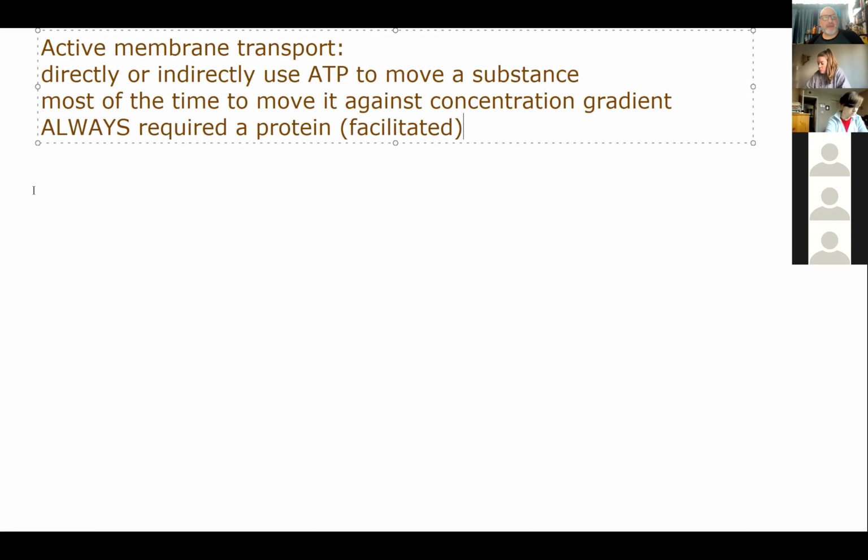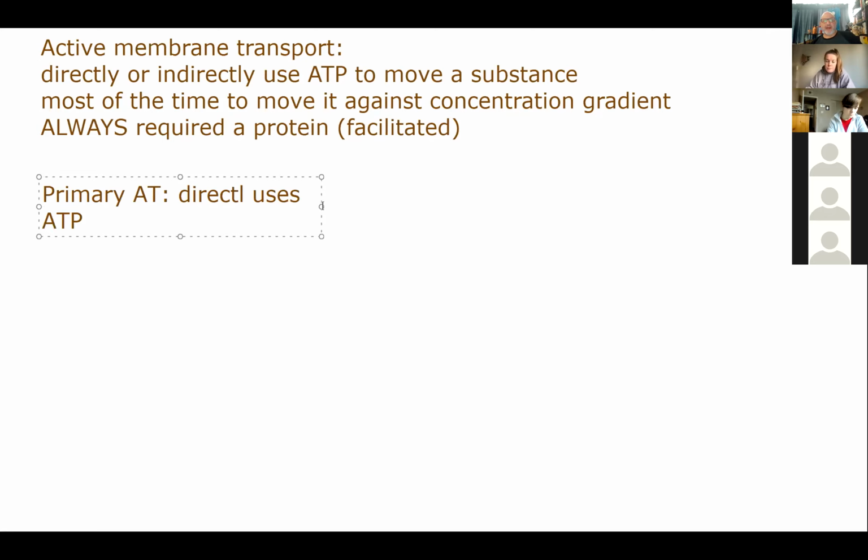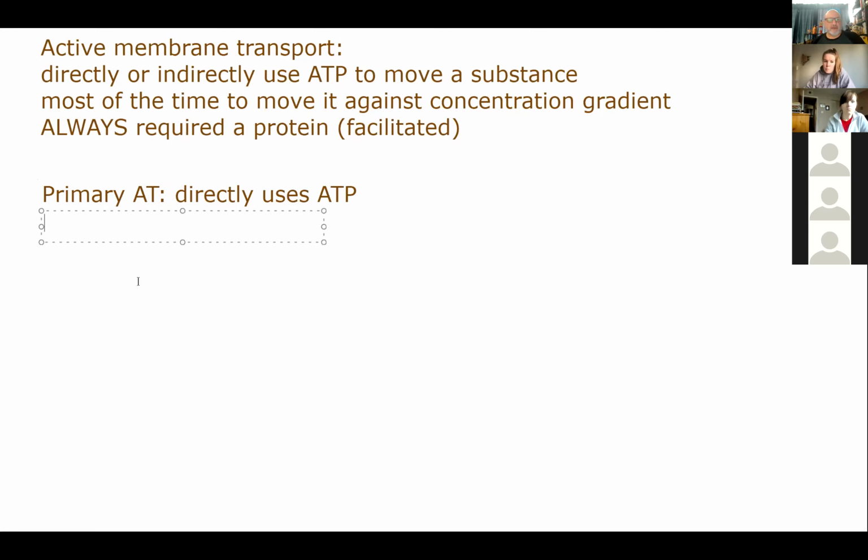All right, now, as you pointed out, we have primary active transport. And primary active transport directly uses ATP. So basically what happens with primary active transport is that the protein splits the ATP.